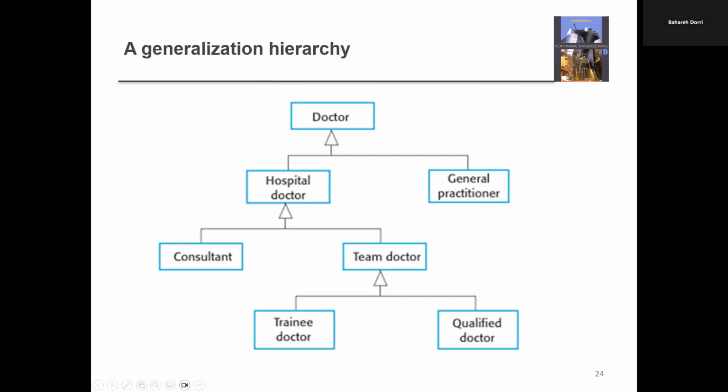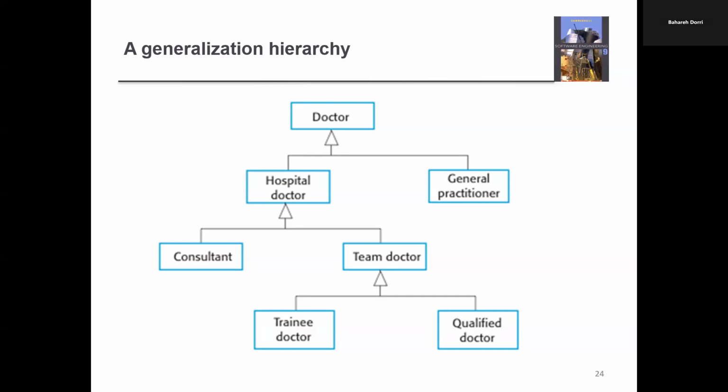This diagram is a classic example of generalization in the UML, and it shows how we can structure classes hierarchically using inheritance. At the top, we have the most general class, doctor. This class would include attributes and methods that apply to all types of doctors, like name, ID number, specialization, or a method like prescribe.